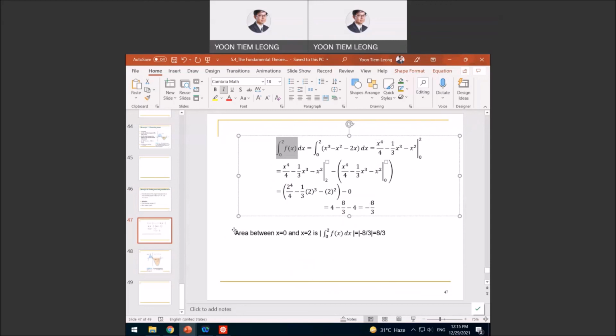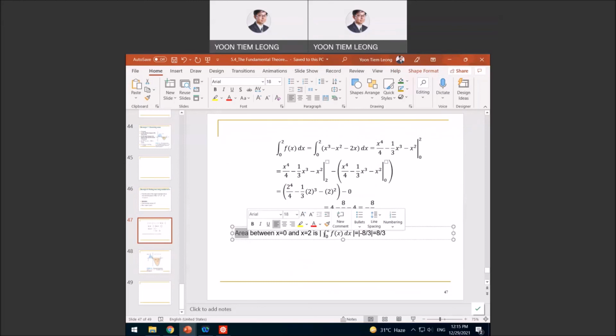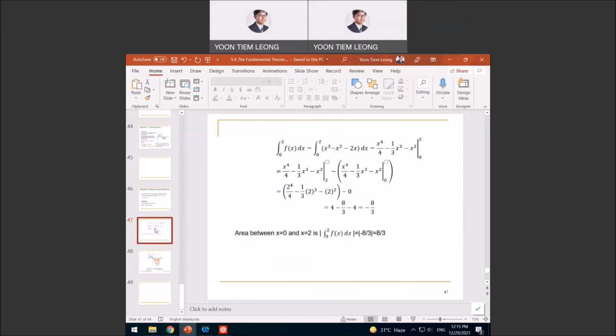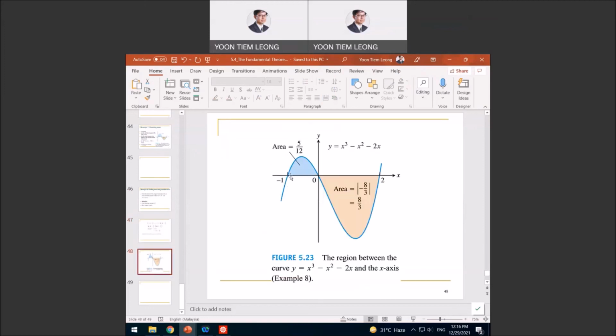But if you're asked to calculate the area, then you have to make sure that the area is put in the absolute sign, and you have to make sure that when you perform the integration, the functions that you are integrating must all have the same sign. So here, you cannot mix the integration from -1 to 0 with the integration from 0 to 2, or else the area on the positive side will cancel off with the area on the negative side.